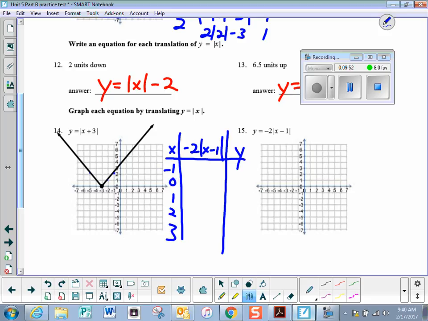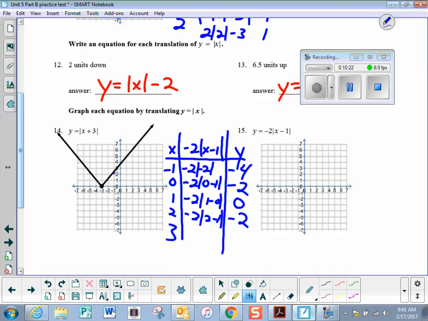So at -1, I get -2 times absolute value of -1 minus 1, which is -2, that's 2, so I get an output of negative 4. At 0, I get negative 2 times 1, which is negative 2. At 1, I get negative 2 times 0, which is 0. At 2, I get negative 2 times 2 minus 1, which is negative 2.